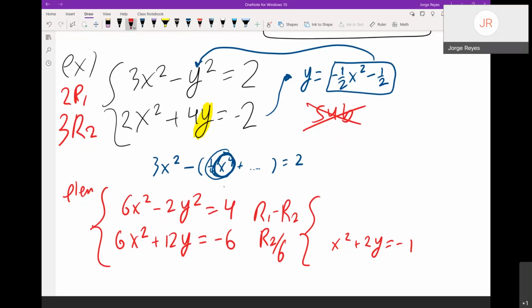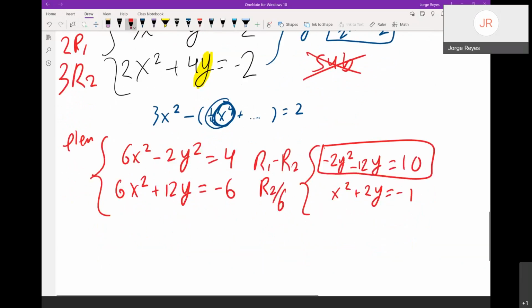And then, okay, so this is 0, so that's the point. So I'm going to get negative 2y squared, and then I am subtracting, so minus 12y equals 4 minus minus 6. So it's going to be 10. Okay, so then this I can solve now.